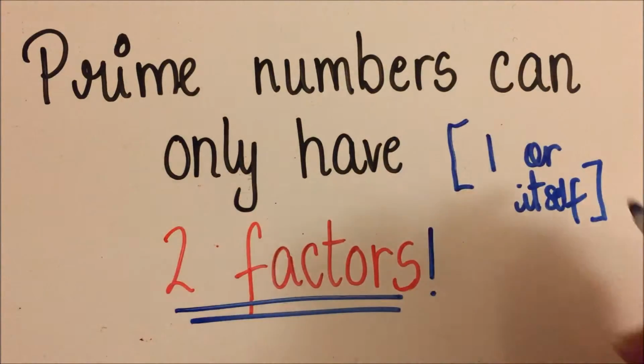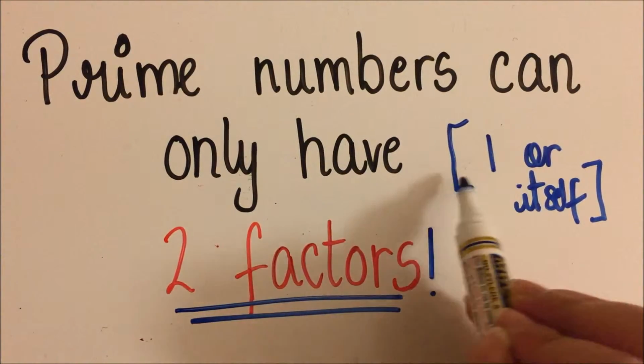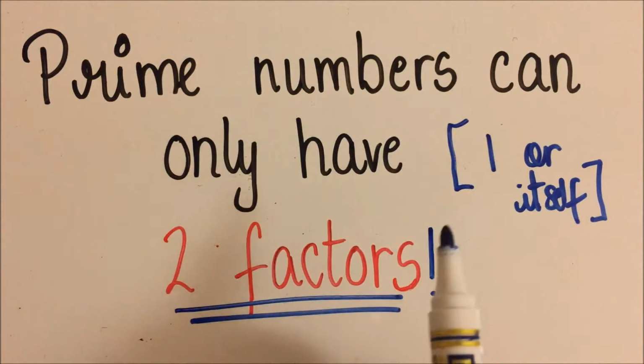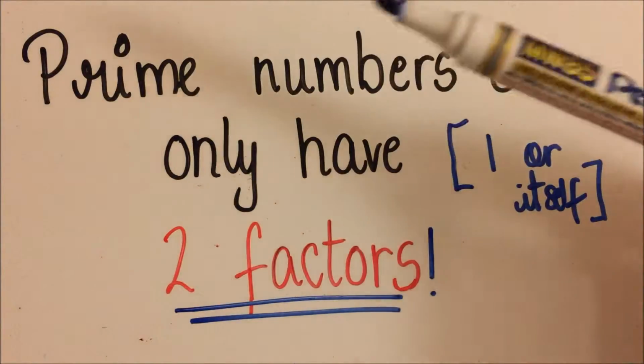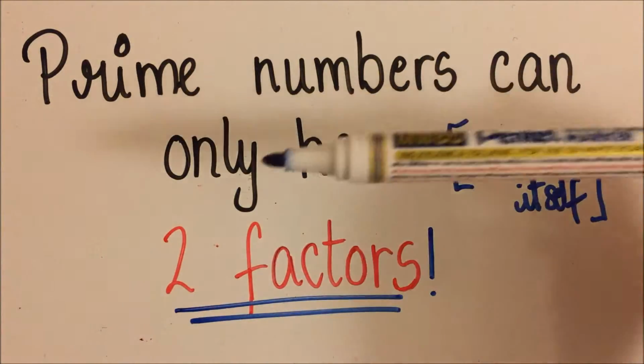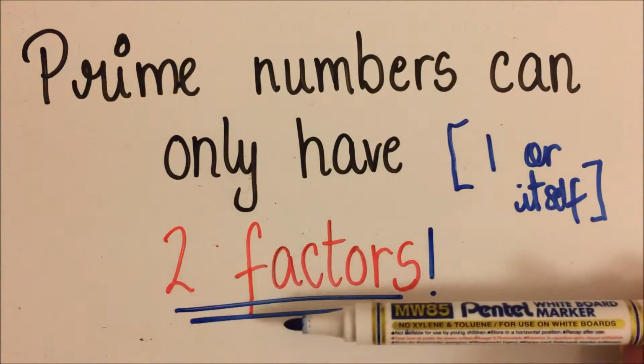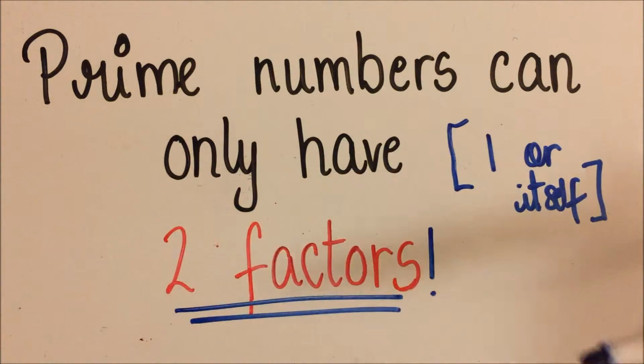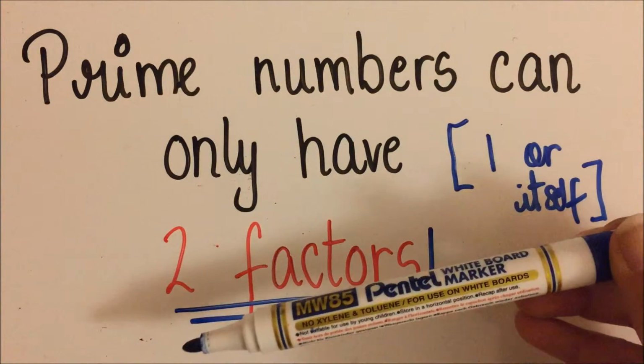But that means the same thing. 1 will be the first factor and the number itself is the second factor. So the two definitions can be interchanged and they will mean the same thing. So all you need to remember is prime numbers can only have 2 factors, and factors are numbers that divide whatever number it is a factor of.